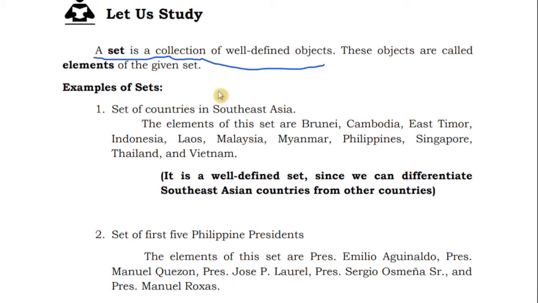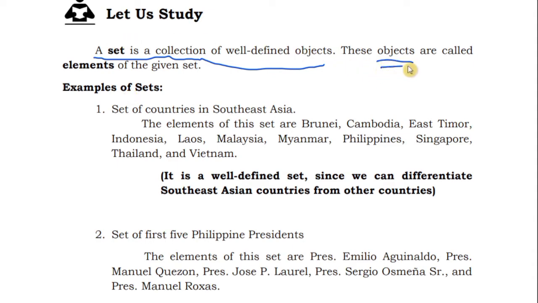Section A, section Mahogany, section Rizal, section Azucena, section Waling-Waling. That one is grouped together according to its section. That one is considered a set, and the students or learners who belong to that section are what you call the elements or the objects.